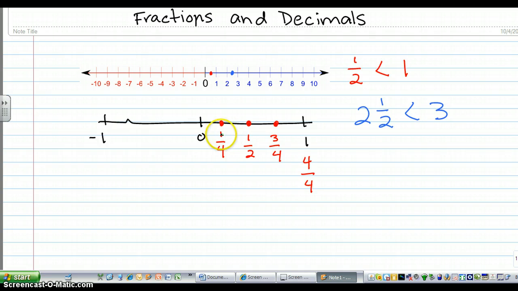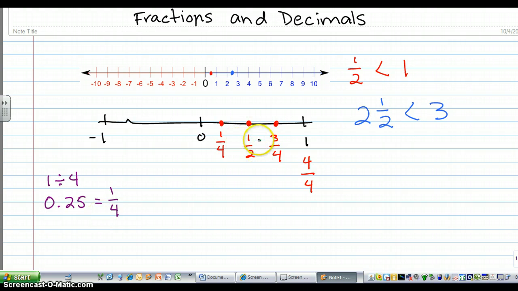Remember we said 1, and then the fraction bar means divided by 4. So on your calculators, 1 divided by 4, and you should come up with the decimal 0.25. 0.25 is another way of saying 1/4. And that is something you should memorize. You should just know when you see 0.25, that's 1/4.